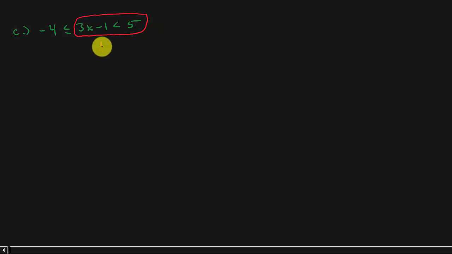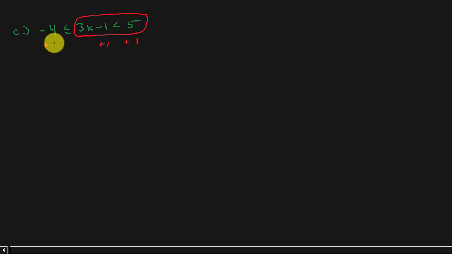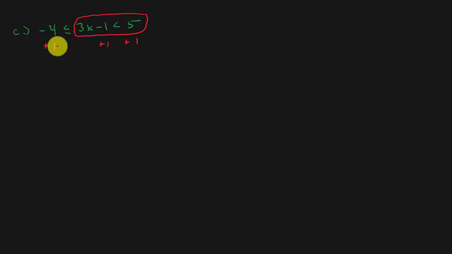You would add 1 to both sides, right? To get x by itself. Okay, well, that's what you do. You just add it to all 3 parts. You want to get x in the middle and everything else on the left and right hand side.